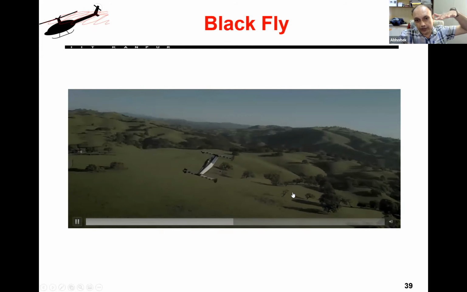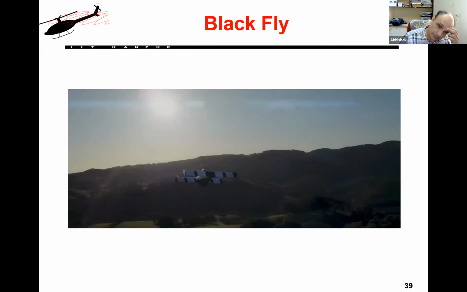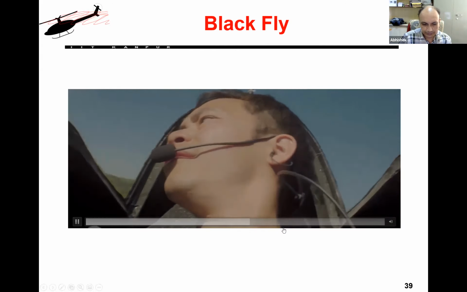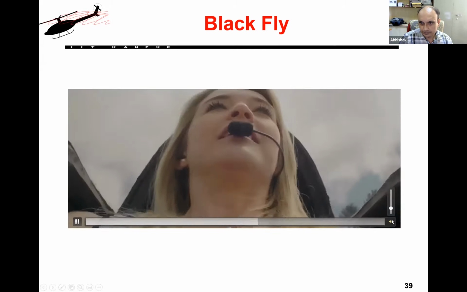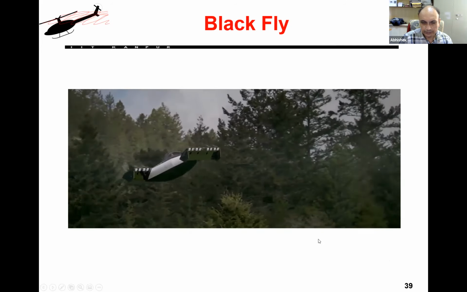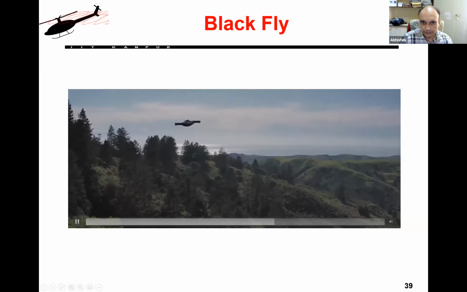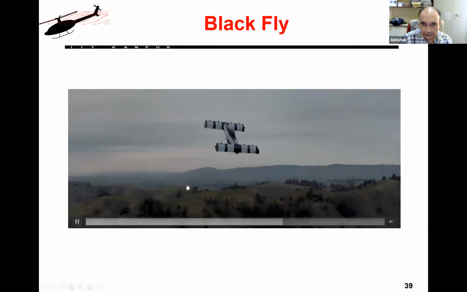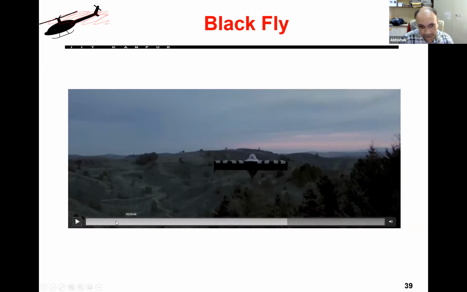Once you are going in forward flight, you can see both the wings are in different planes. When it is hovering, it's making use of its ailerons, as you could see.